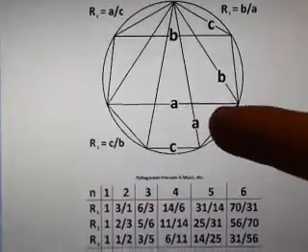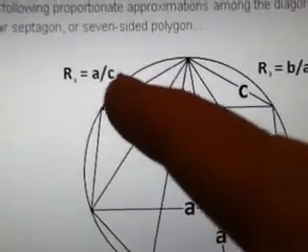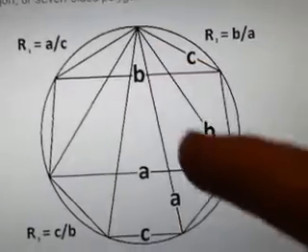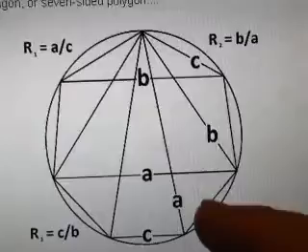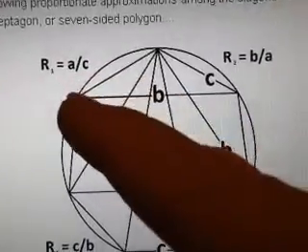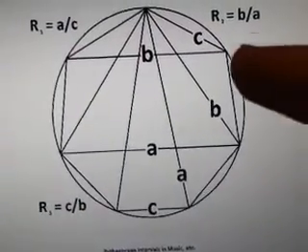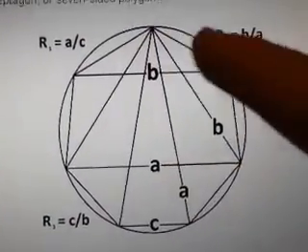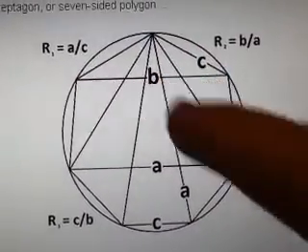So here, the first root that satisfies this situation is A over C. In this isosceles wedge inside of a septagon, the slope A divided by the base C gives the first root, then the second is B over A, and the third is C over B.